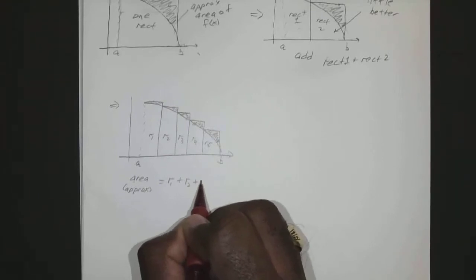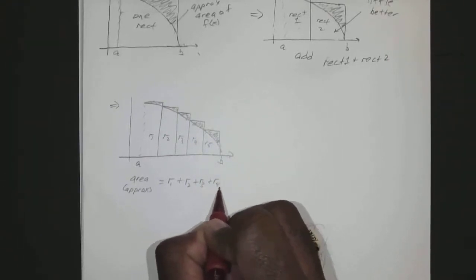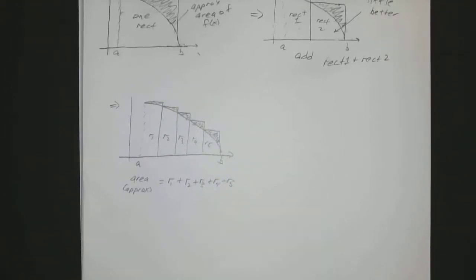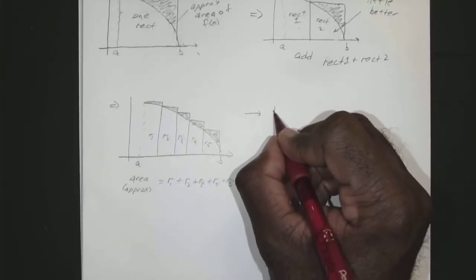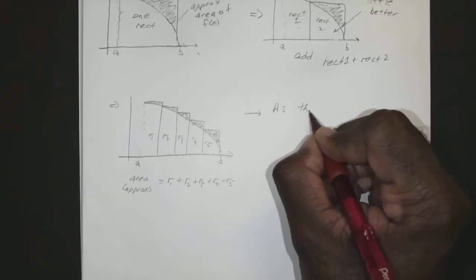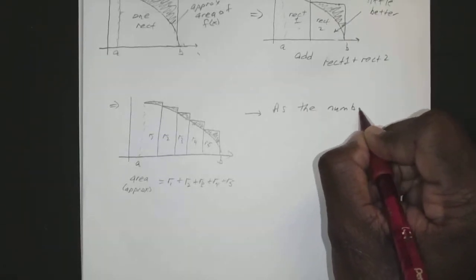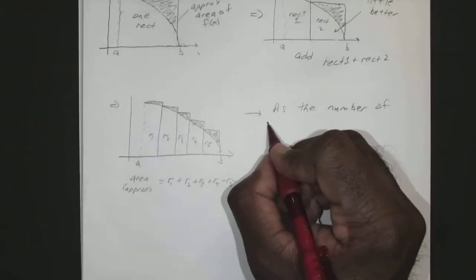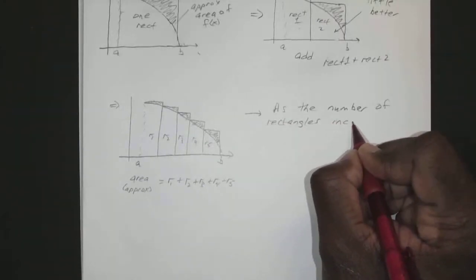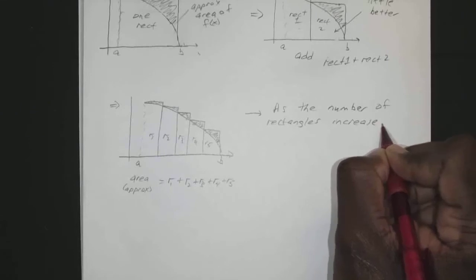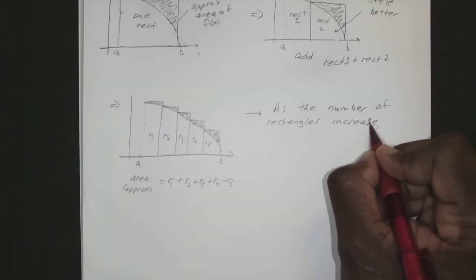R1 plus R2 plus R3 plus R4 plus R5. Okay. So again, as n increases, or the number of rectangles increase, our accuracy increases.